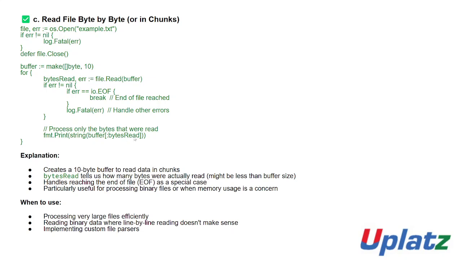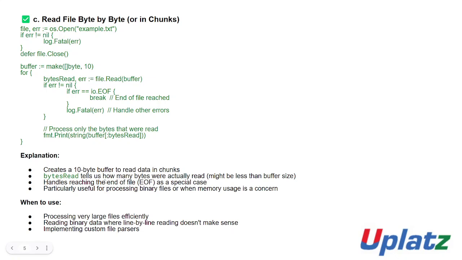So from 0 to the number of bytes read, that is exclusive. Suppose indexes 0, 1, 2, 3, 4, and it returns 5. So it will read up to 4, not 5. That is excluding.